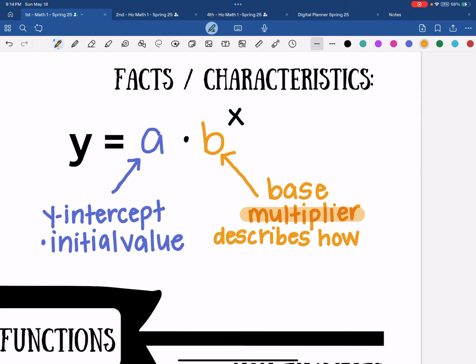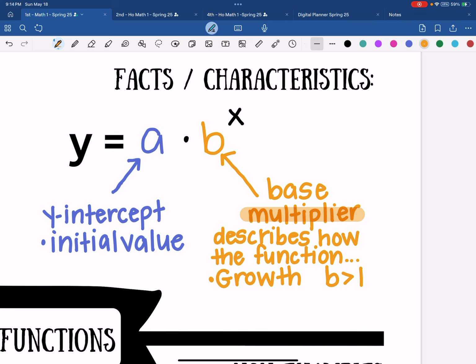So the base describes how the function will grow or how the function will decay. Now, there are 2 rules that go along with that. If I have an exponential function that represents growth, that means it's going to go up in value. Then my base, my b, has to be greater than 1.